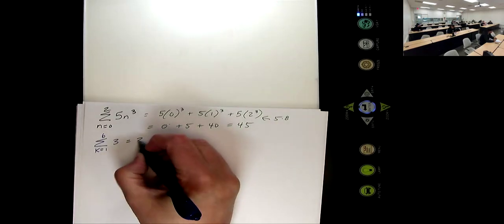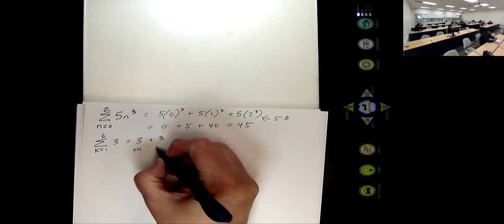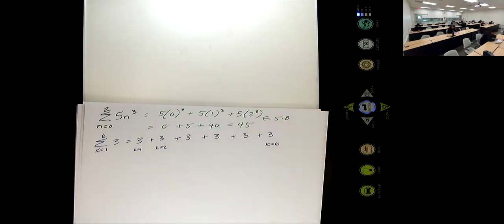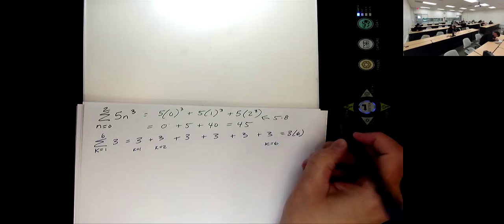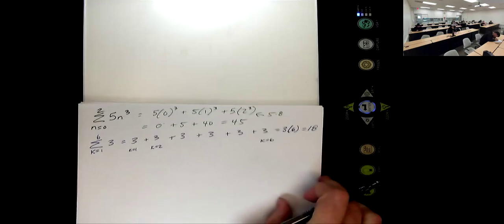I can add 3, that's the k equals 1 time, plus 3, that's the k equals 2 time, and then we go up to the k equals 6 time. This is 3 times 6, we're adding it up. Repeated addition is just multiplication, which is 18.